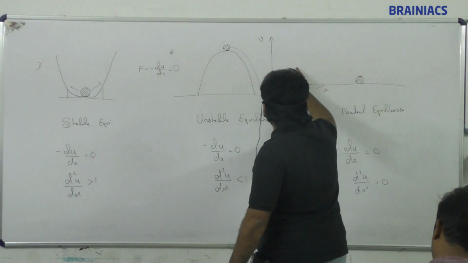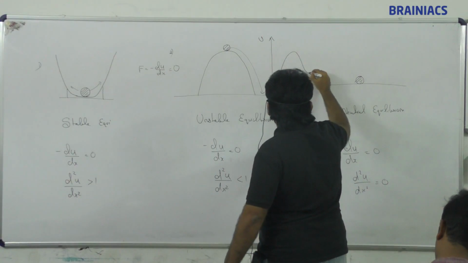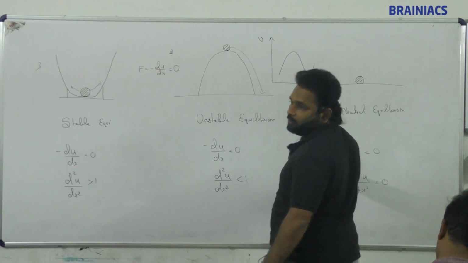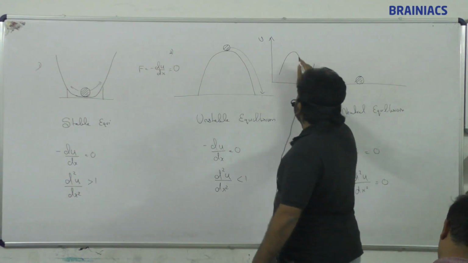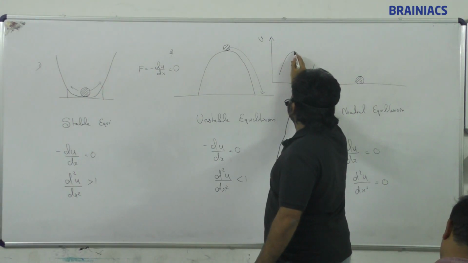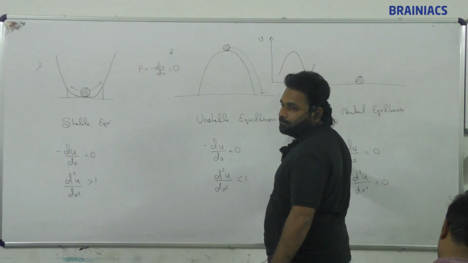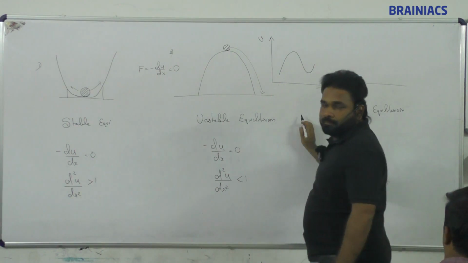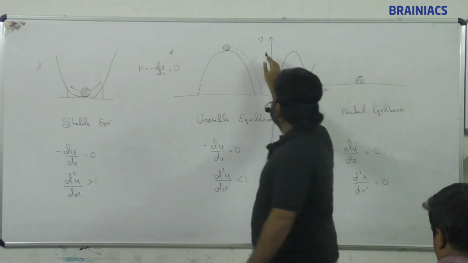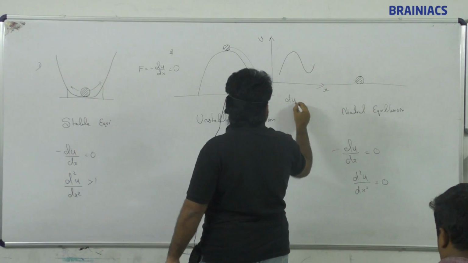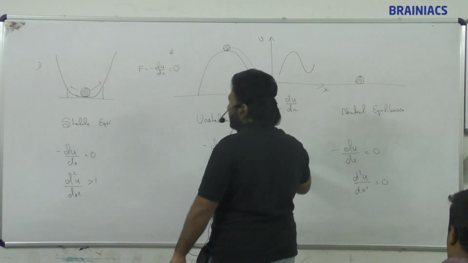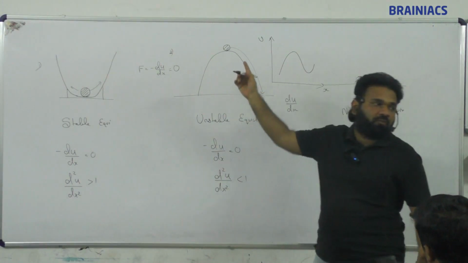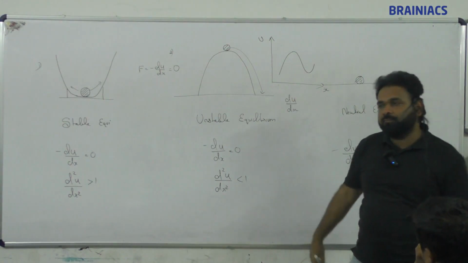Now suppose we draw a curve like this. Is this position an equilibrium? See, du by dx is the slope of the potential energy distance curve.